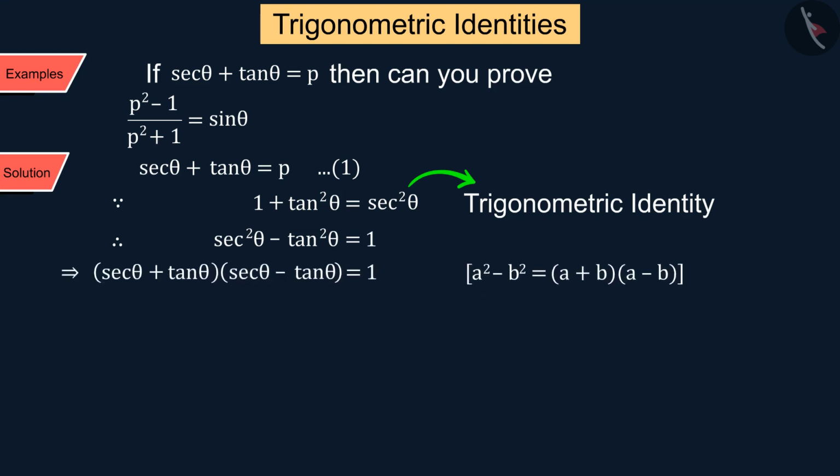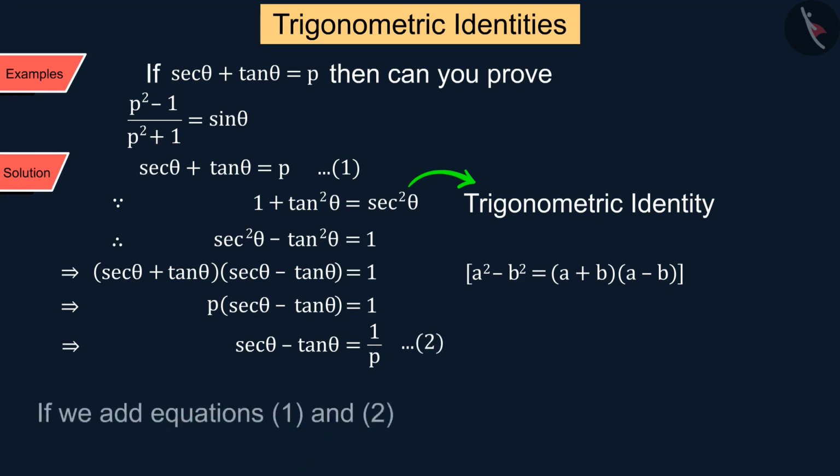And from equation 1, we know that sec theta plus tan theta is equal to p, which is substituted here. We get sec theta minus tan theta is equal to 1 by p, which is represented by equation 2.